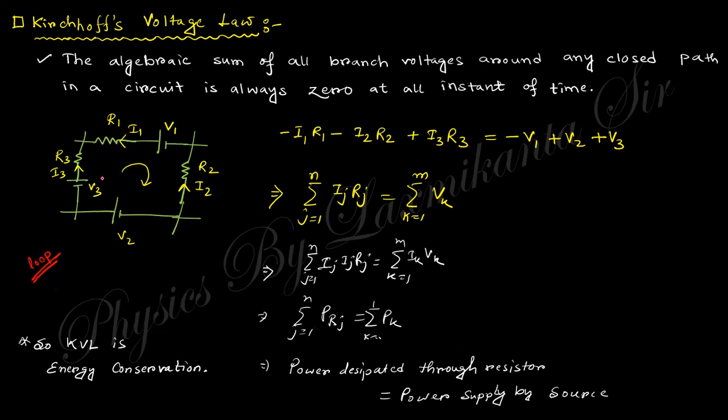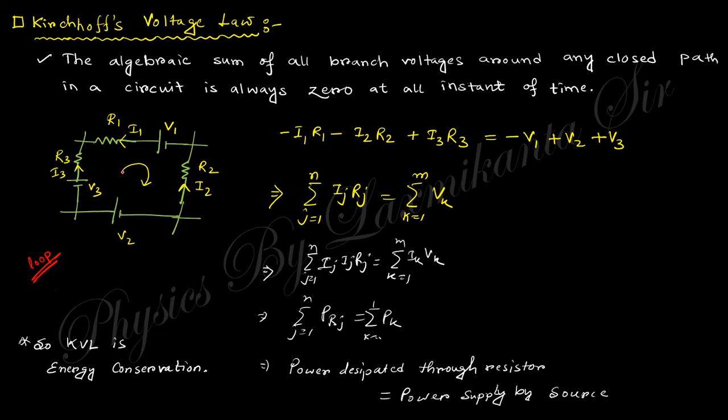You can see here, if you consider this loop, taking a resistance R1 with current I1 flowing, this is a voltage source, this is another resistance, this is a voltage source, this is another voltage source, and this is a resistance. Now consider this equation.